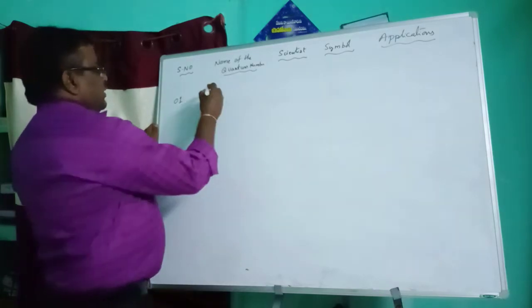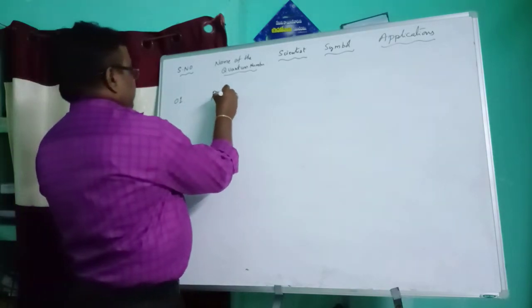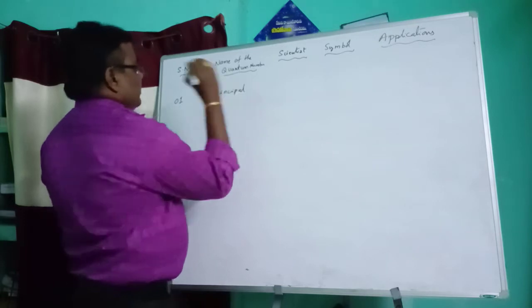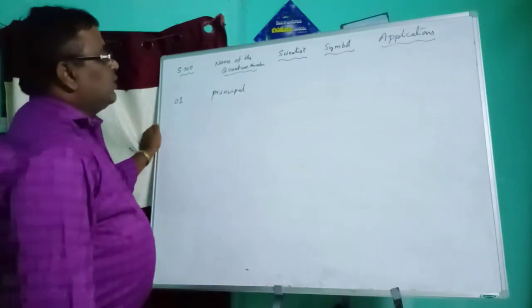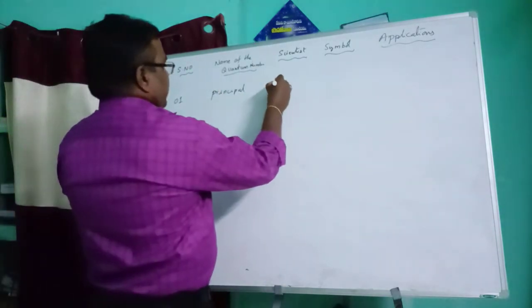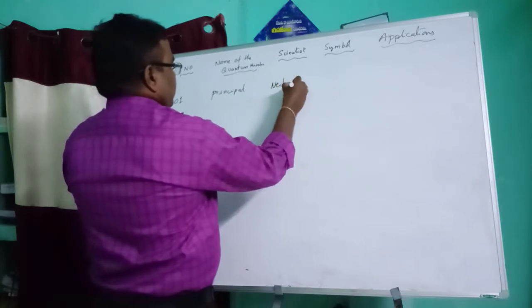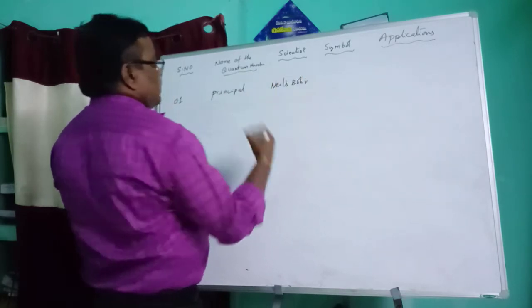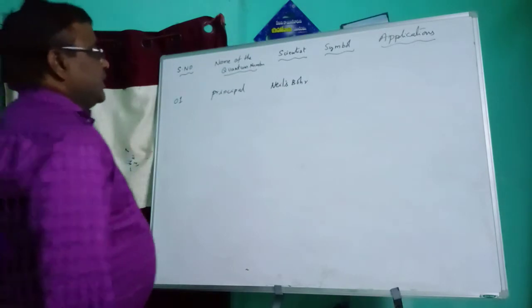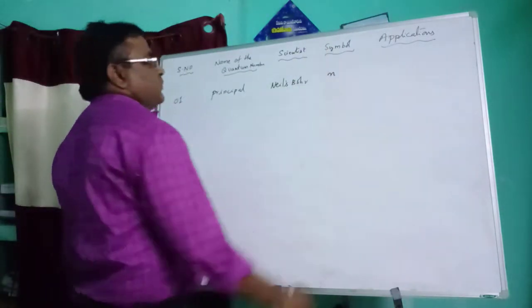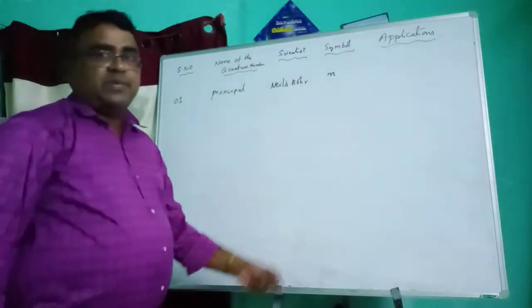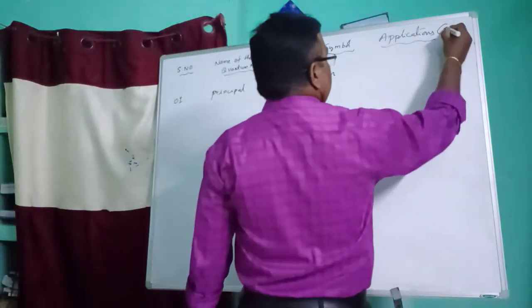Name of the quantum number: principal quantum number. Principal quantum number was proposed by Niels Bohr. Symbol is small n. Applications simply means uses.